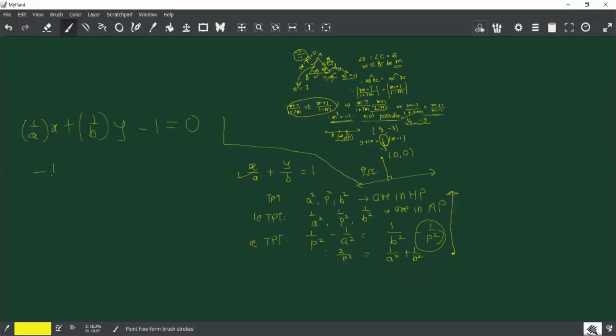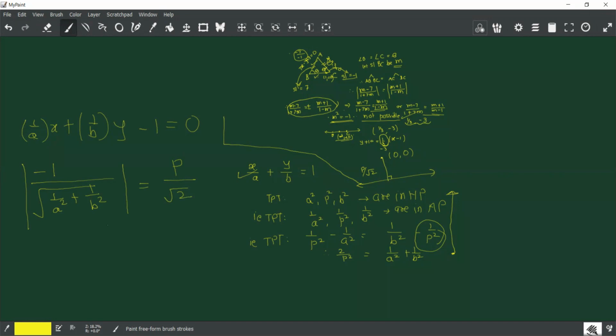So it is minus 1 upon root of this square plus this square. So it's 1 upon a square plus 1 upon b square. Modulus of that is given to you as p by root 2. Correct? All of you got it?